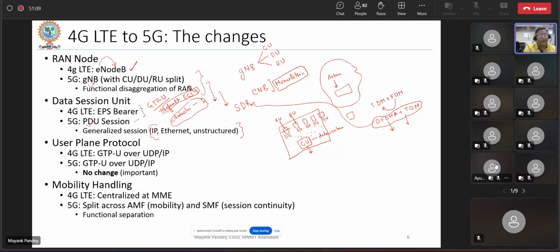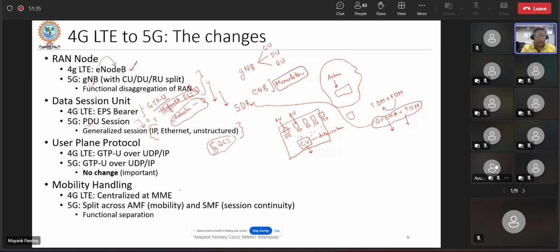How to enforce the quality of service? We'll be coming to that, because you have to have different types of services, and to enforce different quality of service we use the 5QI, that is known as 5G quality of service index. How to enforce that into our PDU session, I'll be coming to that.